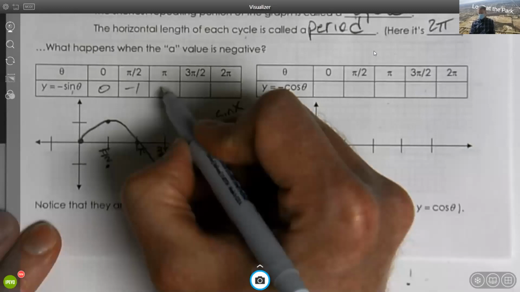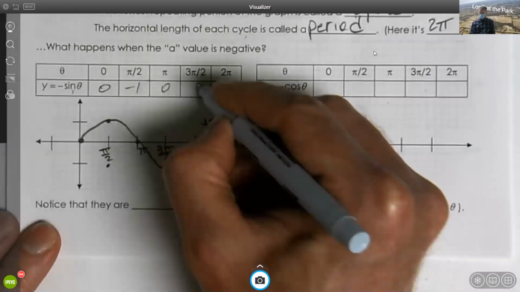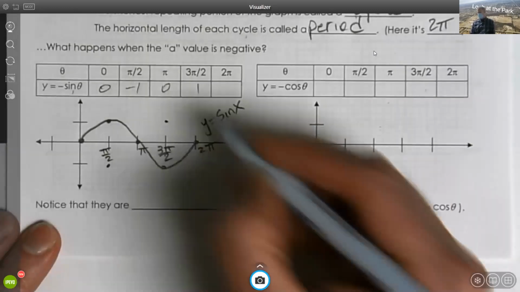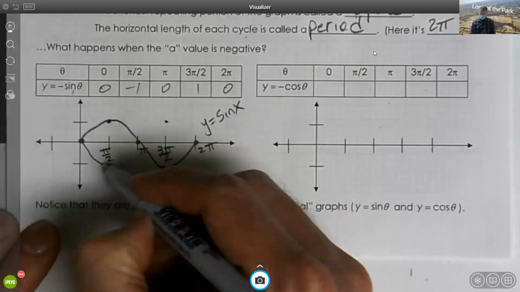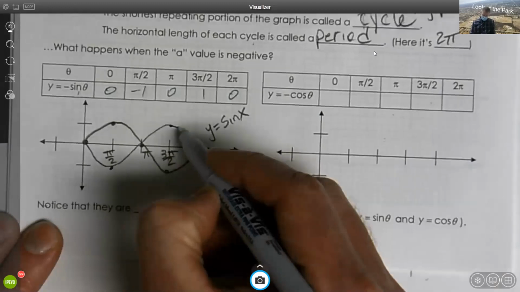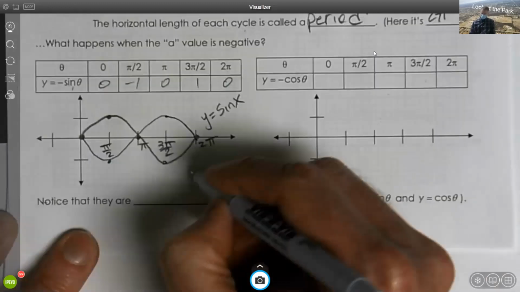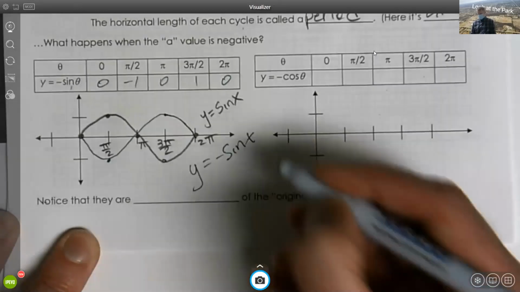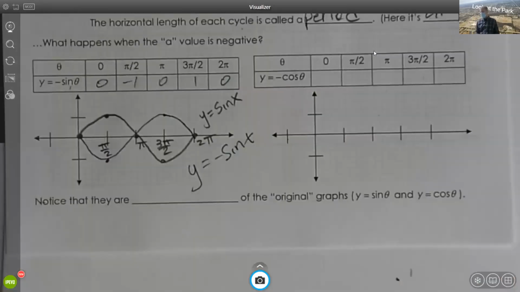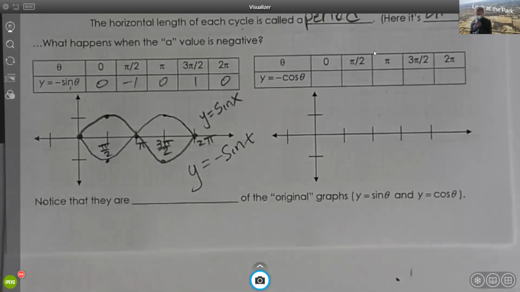And then 0. Then our reflected graph goes up to 1 and then back to 0. So notice what happens for y equals negative sine of x. It gets reflected over the x-axis, which is y equals 0.